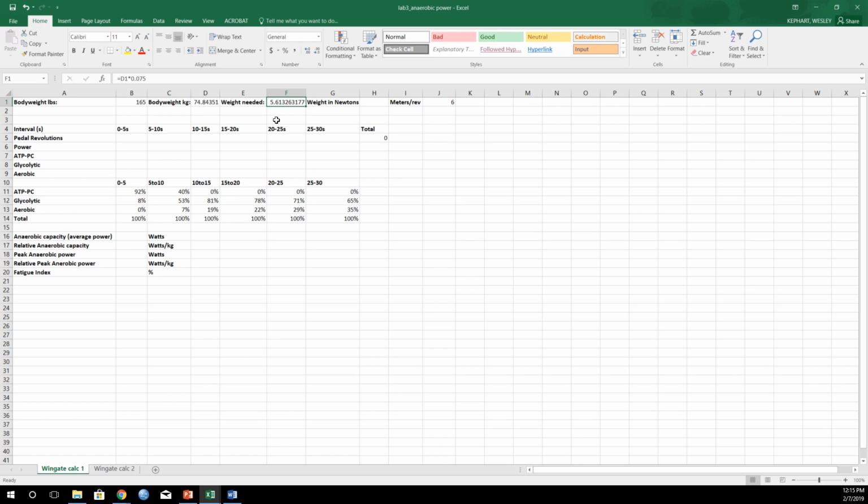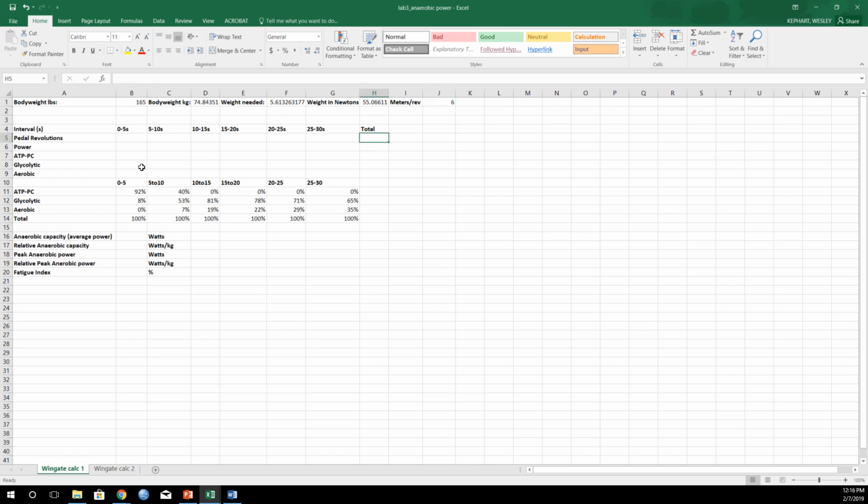And remember, the tray already weighs 1 kilogram. Now, one thing that we have to do, because we're going to be calculating work and power, really just power, is convert this value to newtons first. So, equal sign, highlight that, multiplied by 9.81. So that's how many newtons are on there. And right here, just for calculating distances, meters per revolution, everyone is 6 meters. So good, there we go on that.